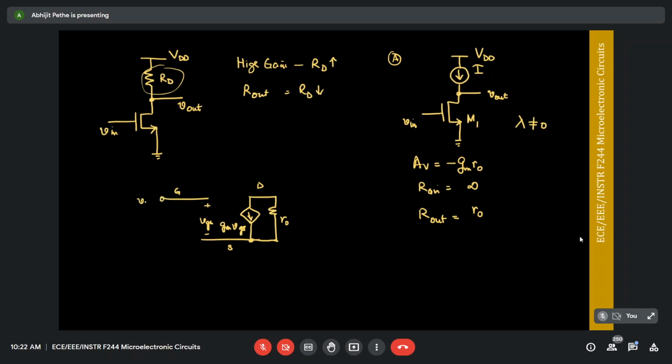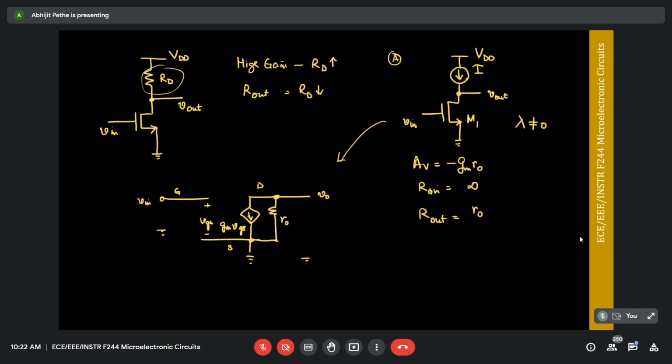The gate is connected to Vin, and the source is grounded. Now the drain is connected to a current source. In small signal modeling, the current source is an open, so you have an open circuit between the drain and the supply.